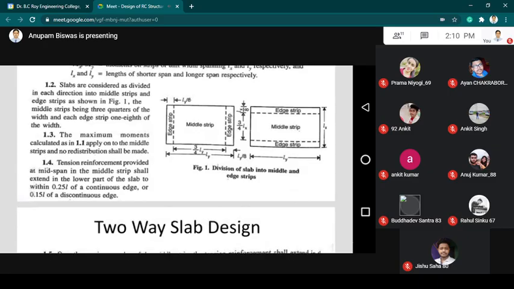You can also say that this is 3/4 of the width, and each edge strip is 1/8 of the width, that is 1/8 of the Ly. So this is the specification of the edge strip and the middle strip.